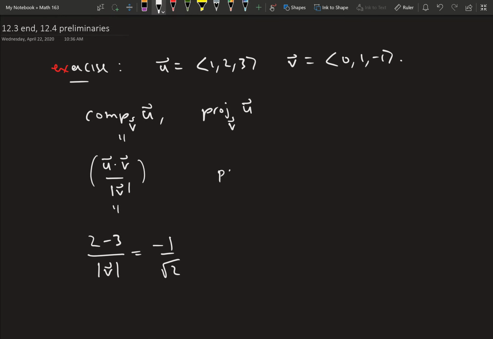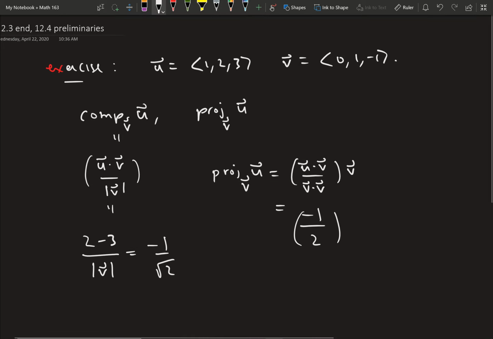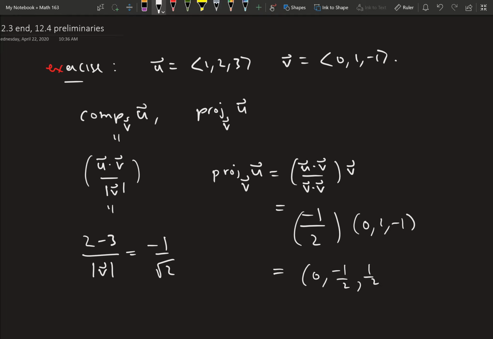And the projection of u onto v, that's u dot v divided by v dot v times the vector v. So u dot v was minus 1, v dot v is 2, and the vector v itself is 0, 1, negative 1, and hence we get 0, negative 1/2, comma 1/2.